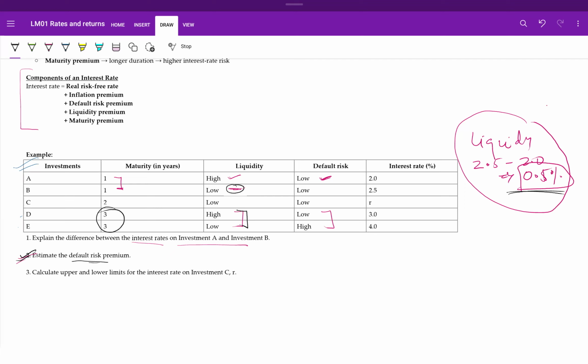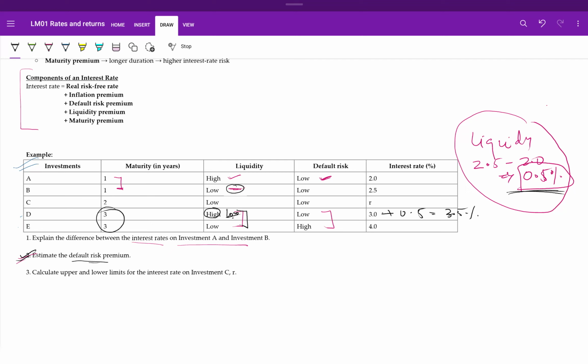So what I'm going to do is adjust this: because this is highly liquid, the interest rate is 3%. But if it was low liquidity, there would have been an extra premium of 0.5%. So this will make it 3.5%.